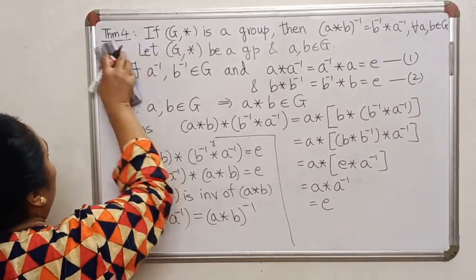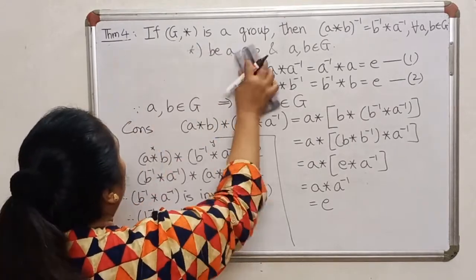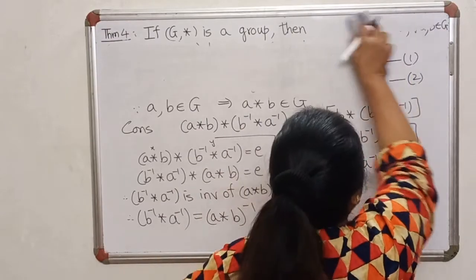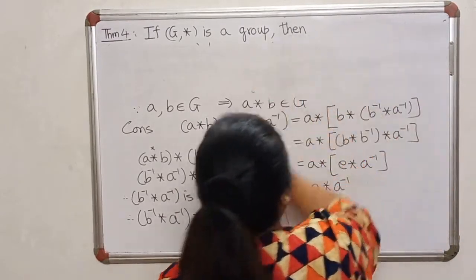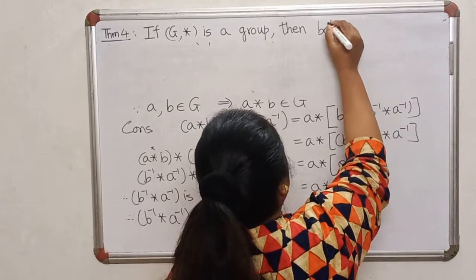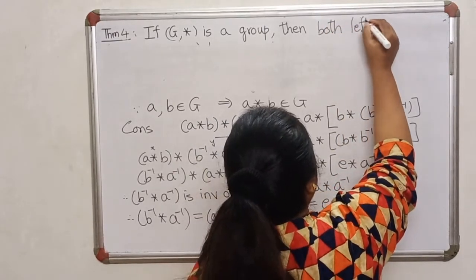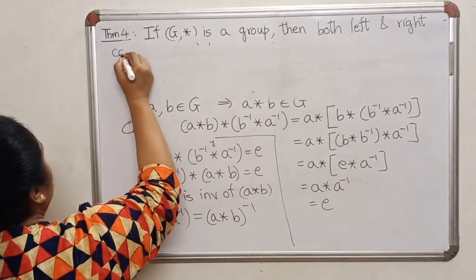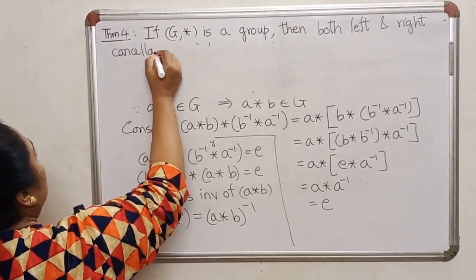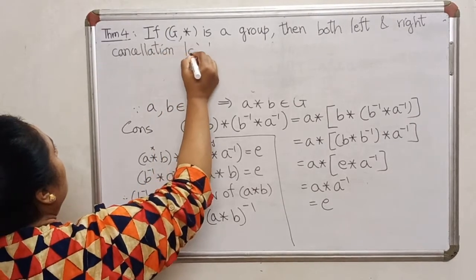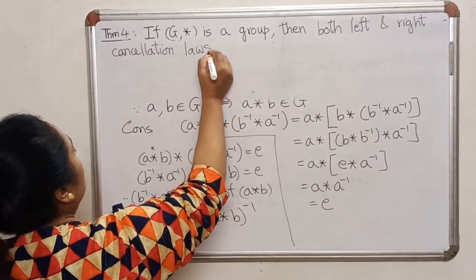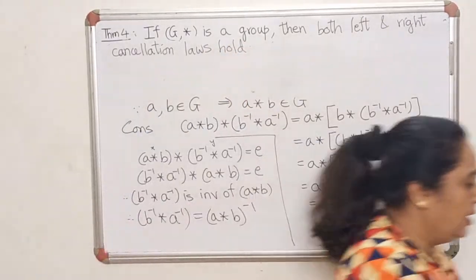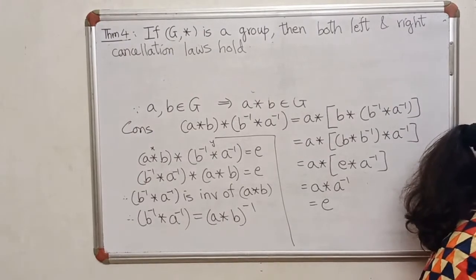So if G comma star is a group, then we can prove that both left and right cancellation laws hold. So if G is a group, then both left as well as right cancellation laws hold.